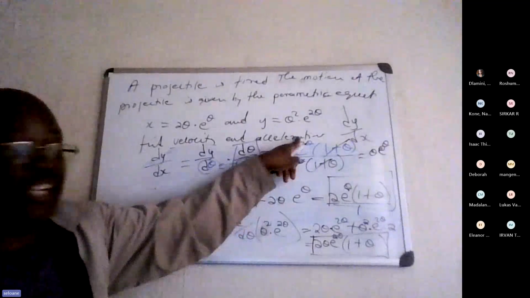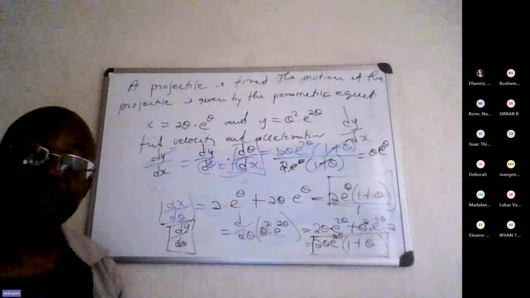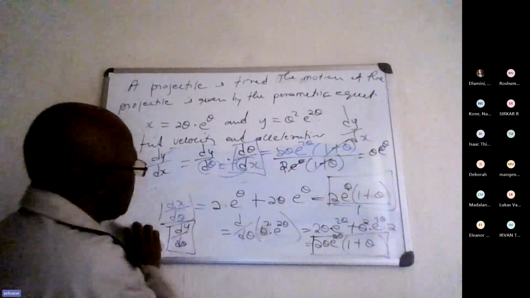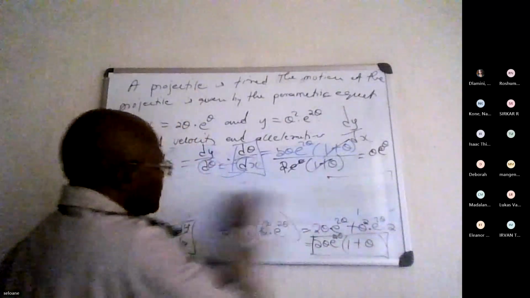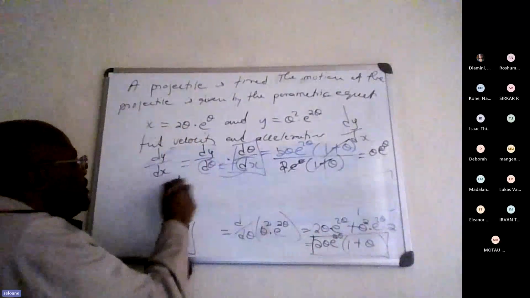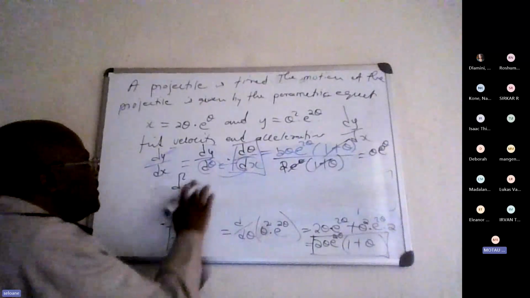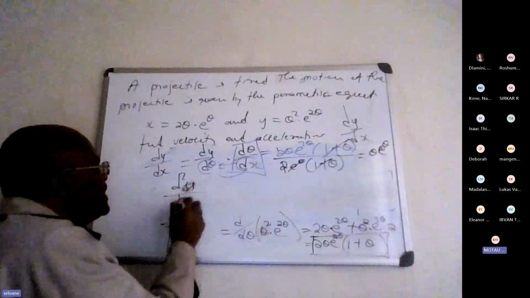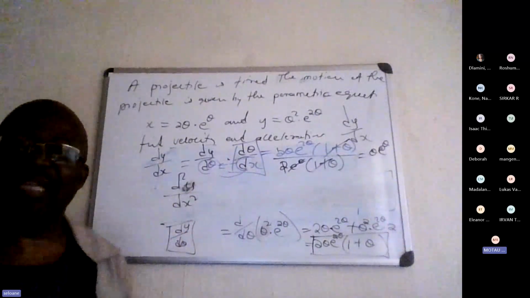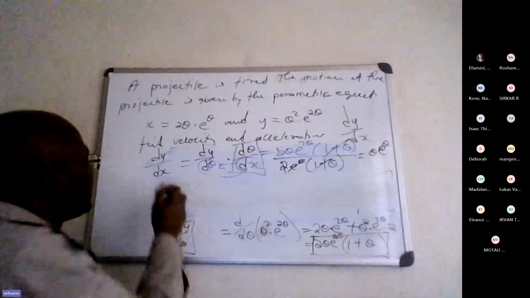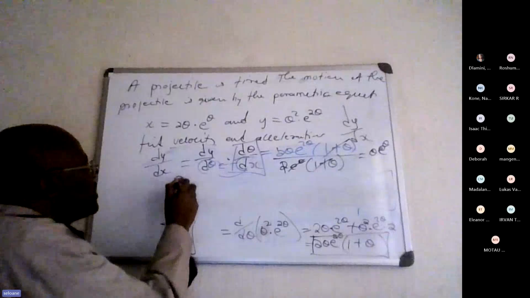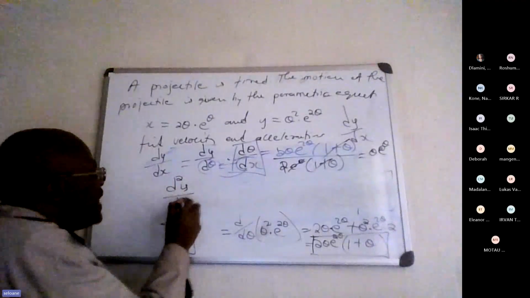Therefore, to find the acceleration, which will be d squared y over dx squared. That will be the acceleration. Let me just clean this properly. It will be d squared y over dx squared.